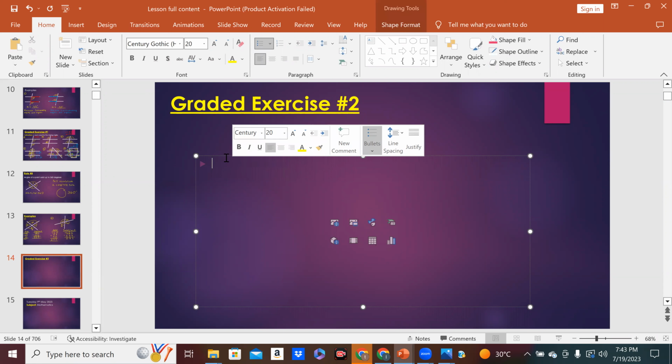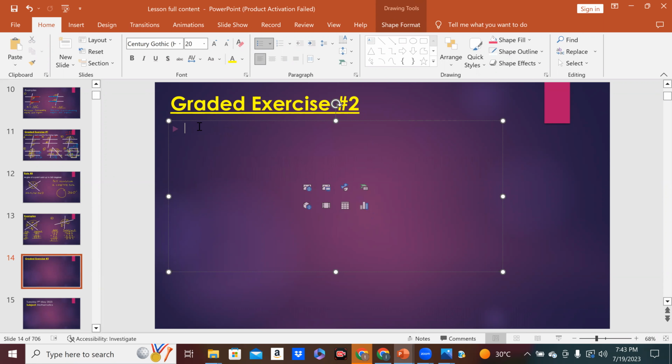So let's do the questions. Let's write the instructions. It says, in each case, find the missing angle.